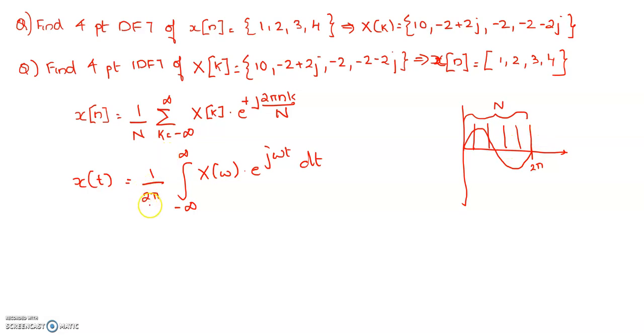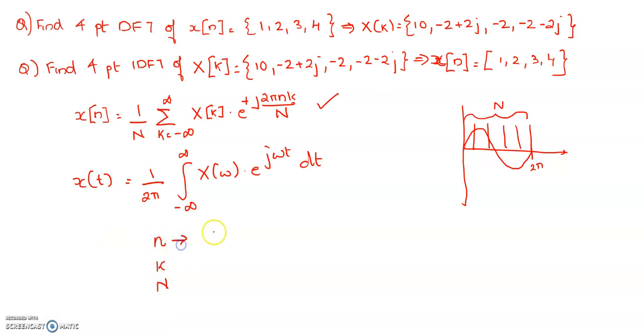So this 1 by 2 pi is analogous to 1 by N. The 2 pi refers to N samples in the discrete form available in the span of 2 pi. That is the idea conveyed here, and using this formula we will solve our problem. But before moving ahead, we need to know what n, k and capital N are.